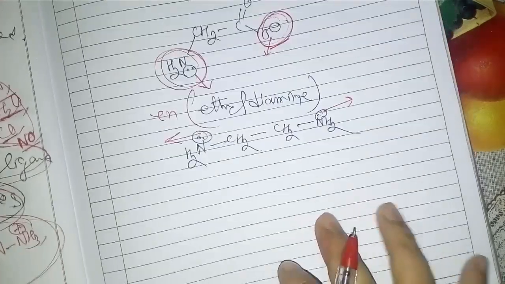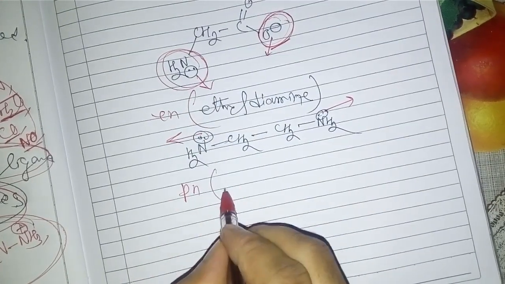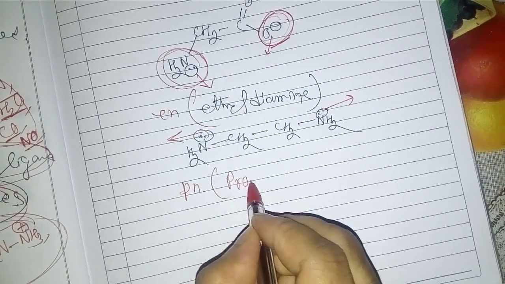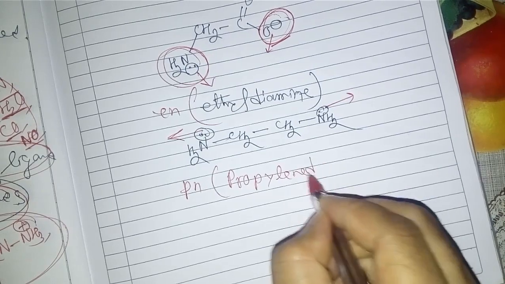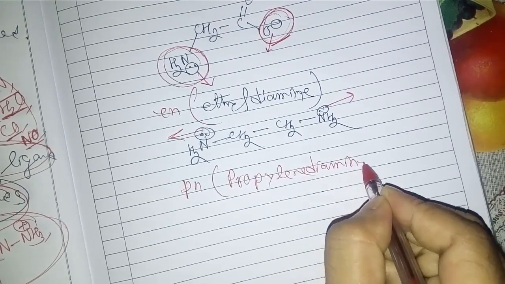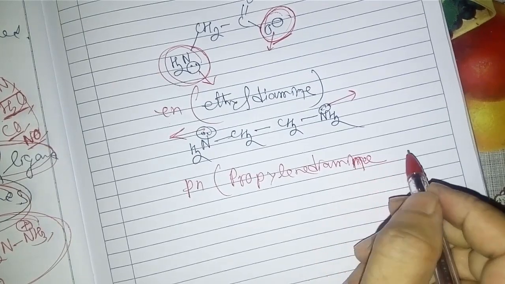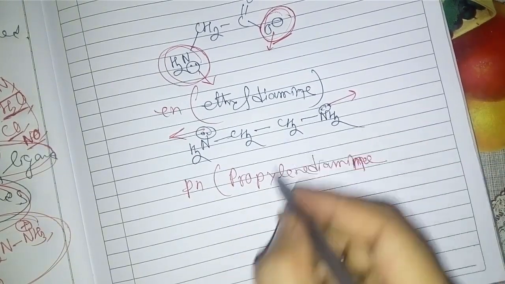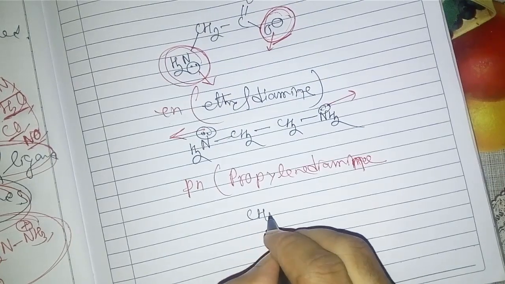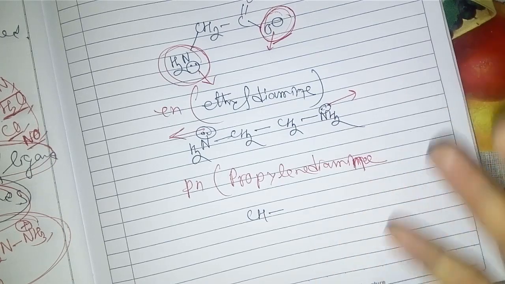Another one is pn. This pn name is propylene diamine. Draw the structure. This structure is very important because of chelating.